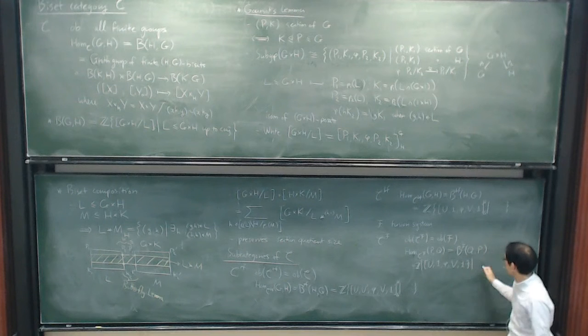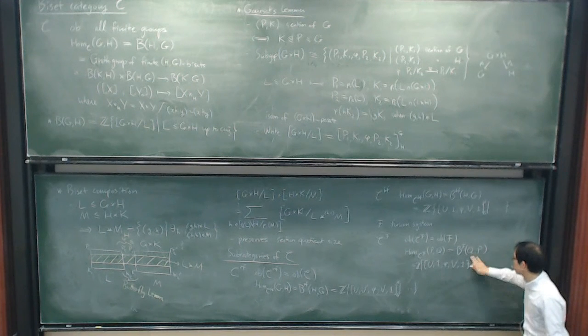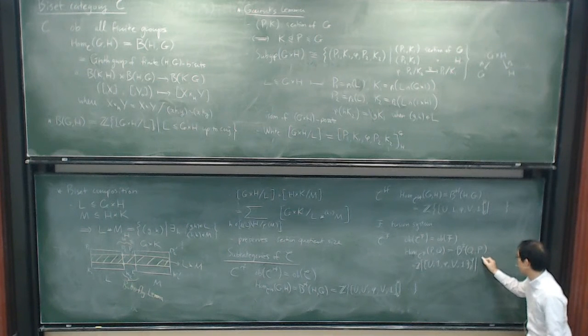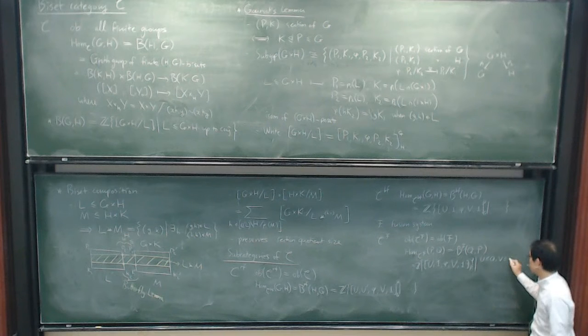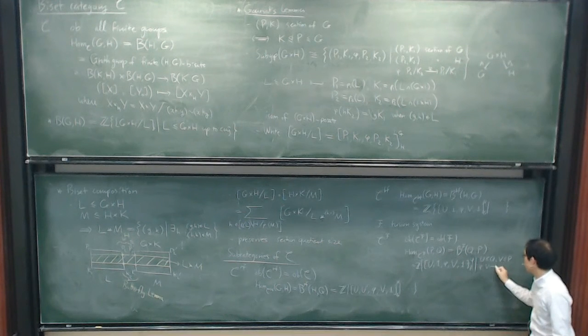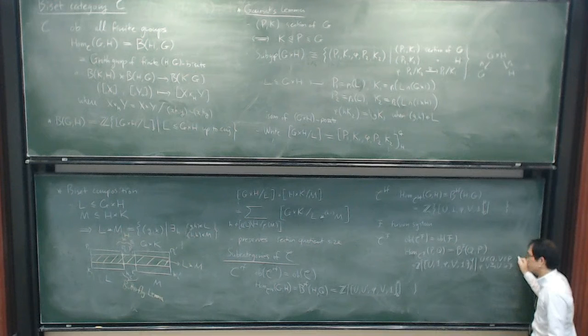And moreover, for the phi map, let's write down what these are more carefully: U should be a subgroup of Q, V should be a subgroup of P, and they are isomorphic, with the isomorphism given by this phi. And this phi should be inside the category F.